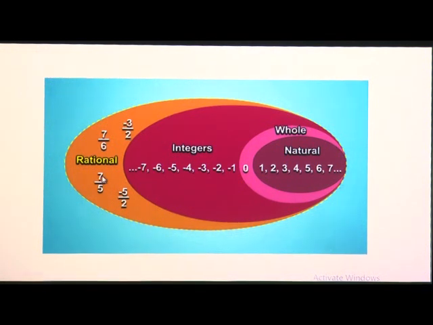Here we write 7 upon 5, here minus 5 upon 2. What are these? These are rational numbers, which are written in the form of P upon Q.